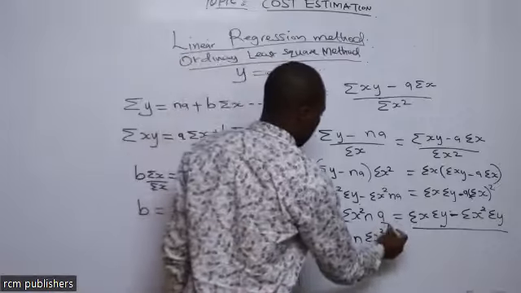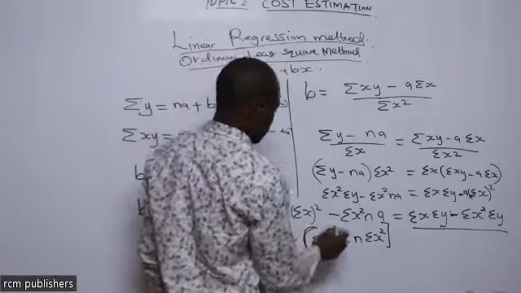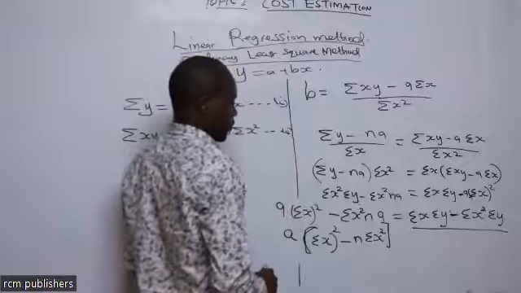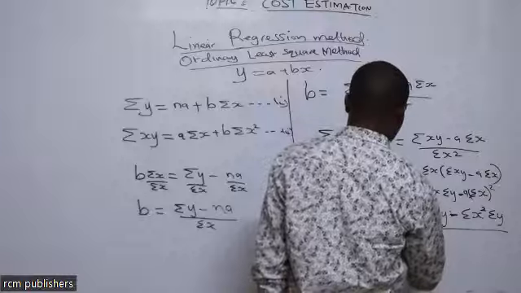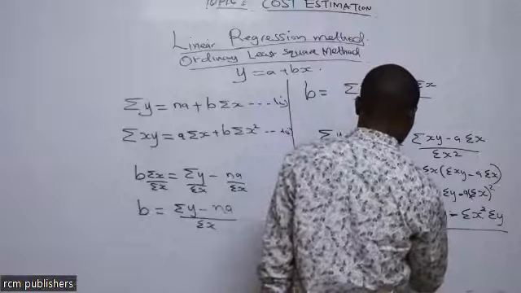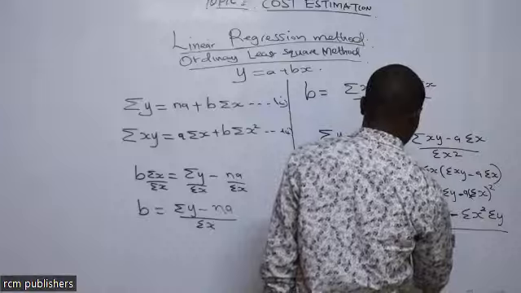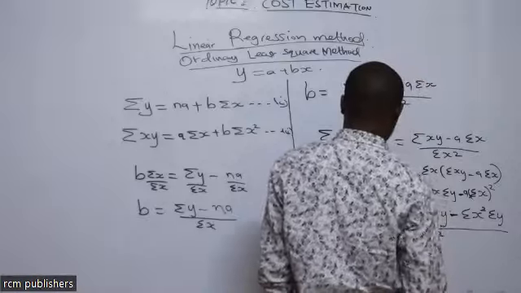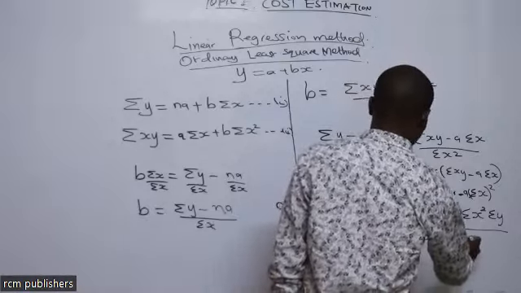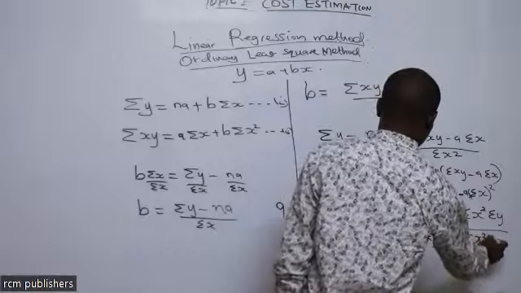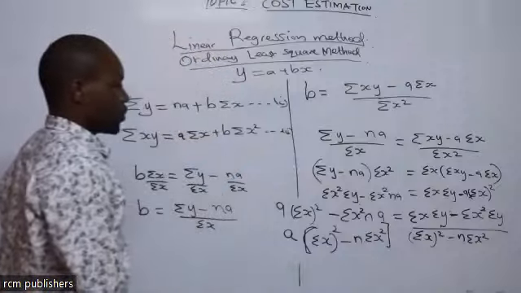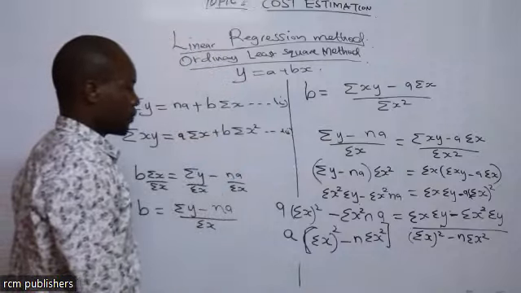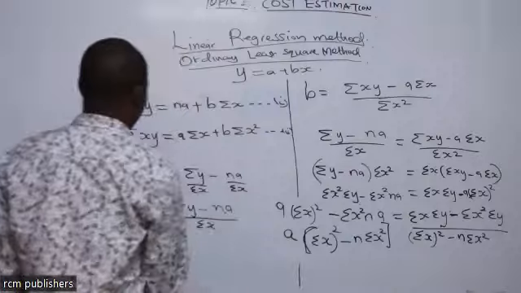That is what we have, which we're supposed to take to this side. So summation of x squared minus n summation of x squared. So that is what we have there. What is the value of A?